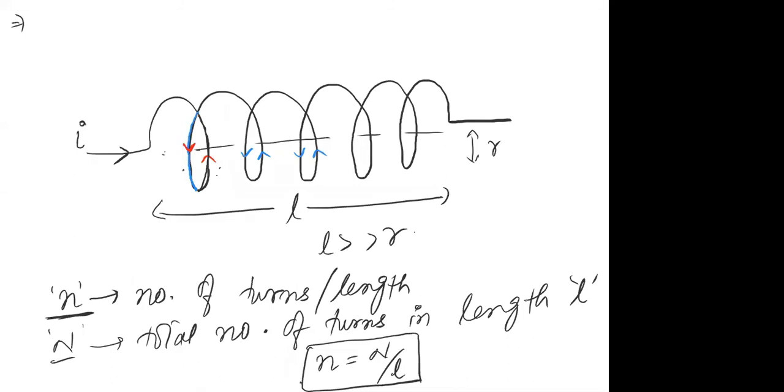Take a knife and cut the solenoid along the length. Not like this, but like this. If you cut the solenoid along its length, you will get a view like this. Try to understand this view, and if you don't understand, please let me know.